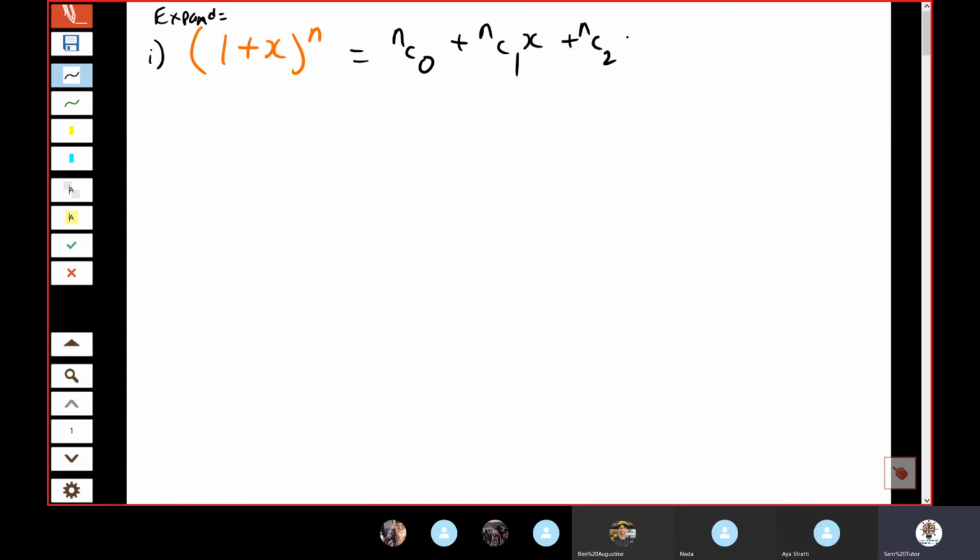Plus n choose 2, then you're going to have x squared, you're going to increase it by 1 more. N choose 3, you're going to increase it by 1 more. You're going to go all the way until n choose n x to the n, until your last power, and that's n choose n. Do we agree with this, or are we completely confused by the way I've written that out?